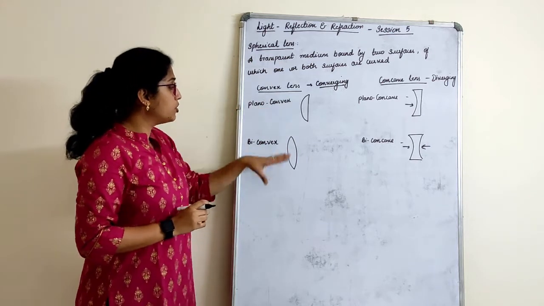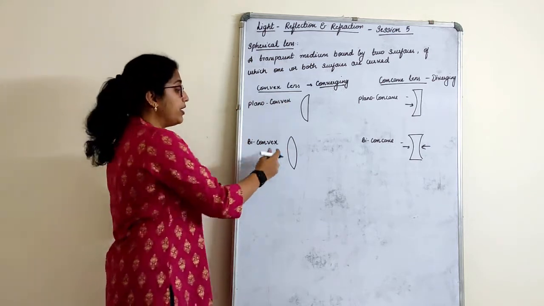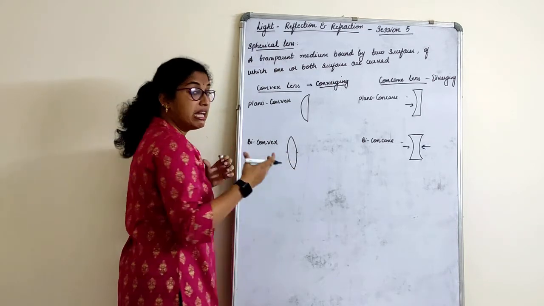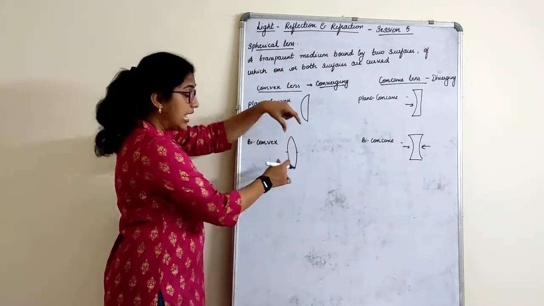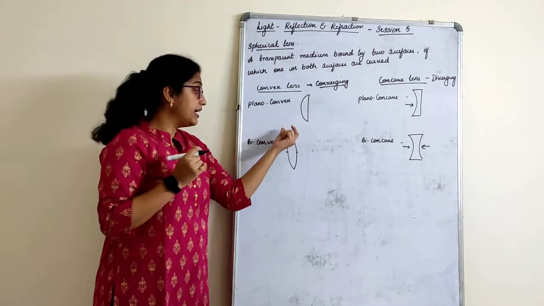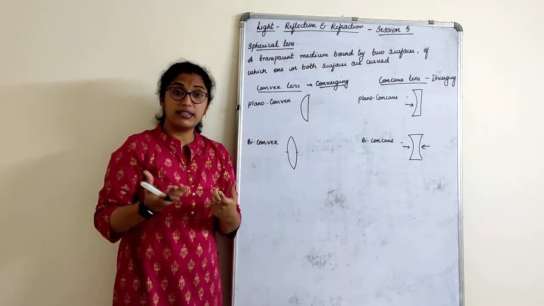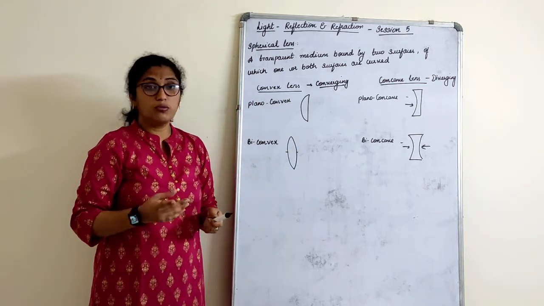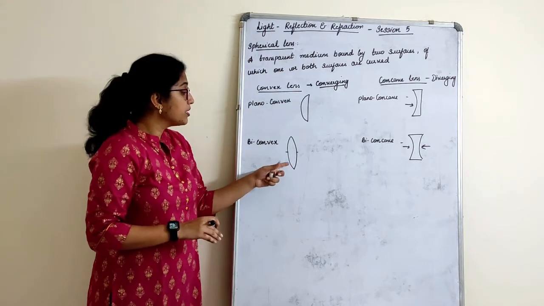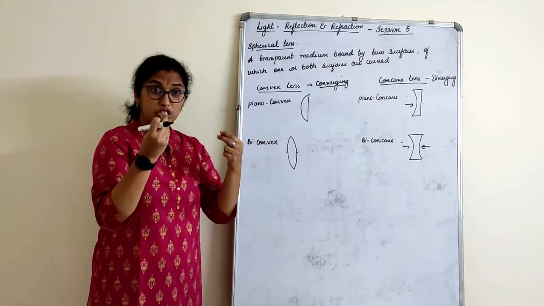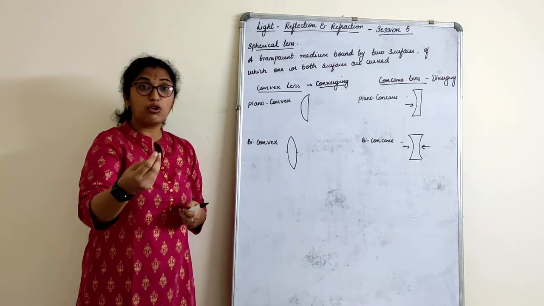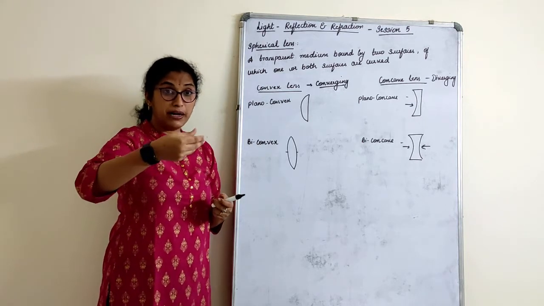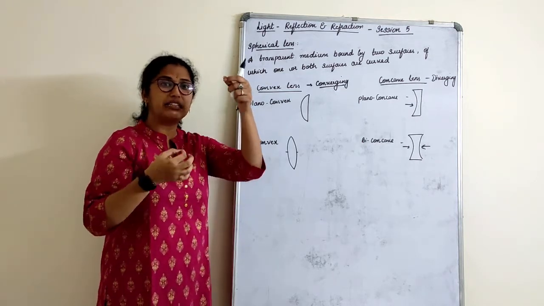Now, how do you differentiate these lenses? Here it is thick in the center and very thin at the edges. You will get to see these lenses in your school lab; at home you will not have them. When you touch the lens, you can make out that it is bulged in the center and very thin at the corner.